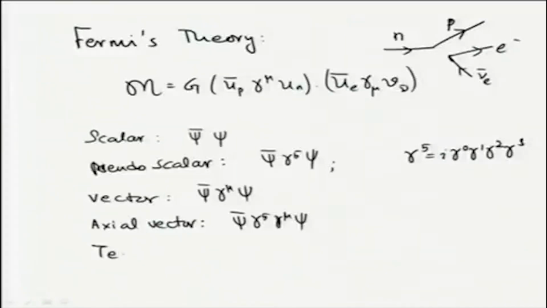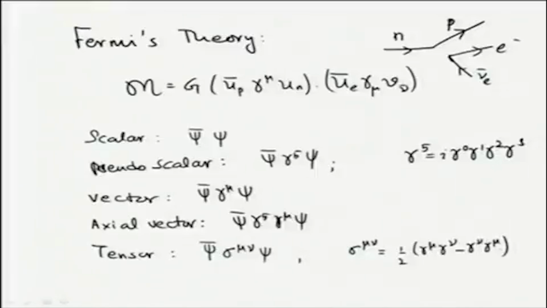But then there is another object, a tensor of second rank that can be constructed out of the gammas and psi bar and psi, which for short is written in this fashion: psi bar sigma mu nu psi, where sigma mu nu is a second rank tensor operator, i over 2 times gamma mu gamma nu minus gamma nu gamma mu, the antisymmetric tensor operator.